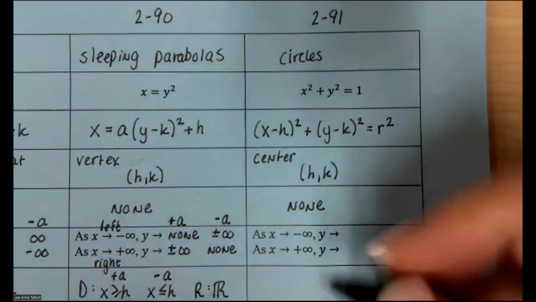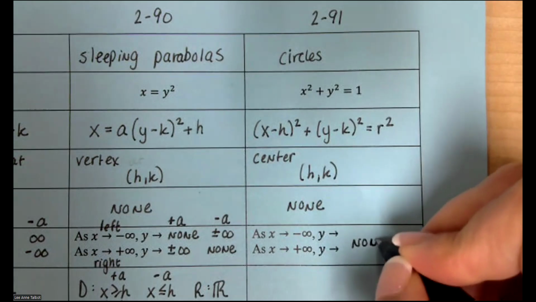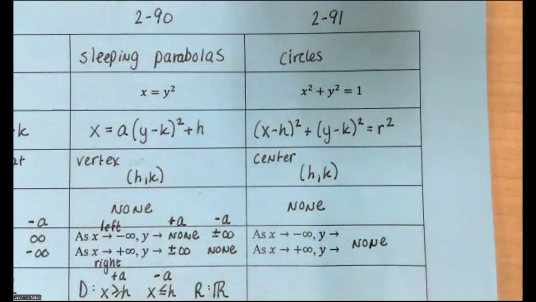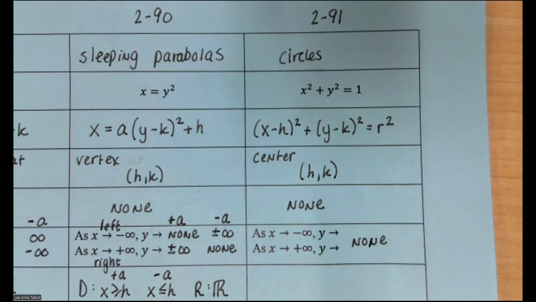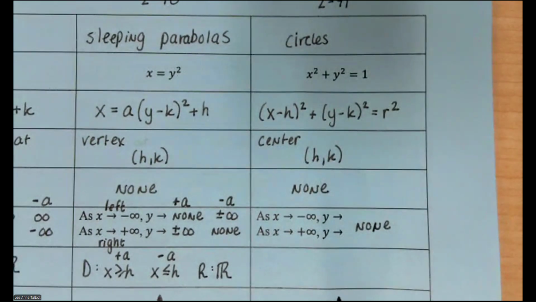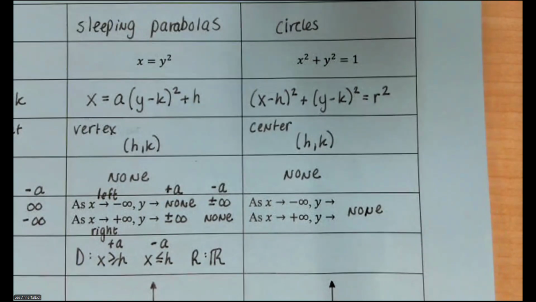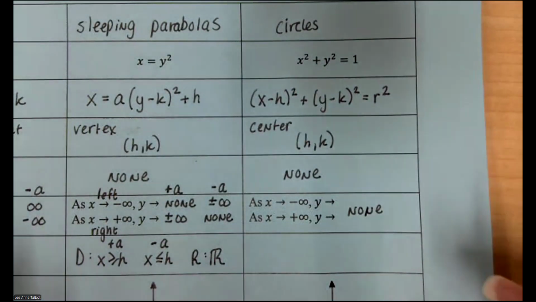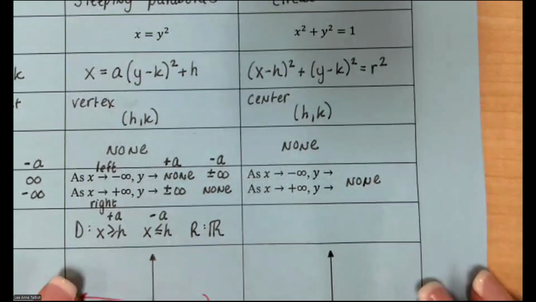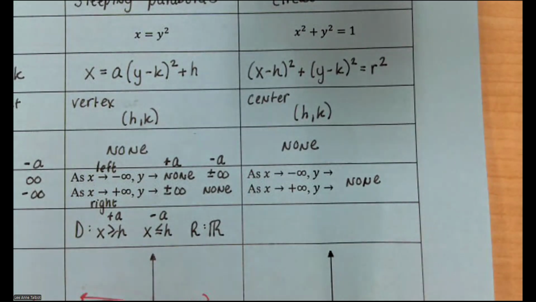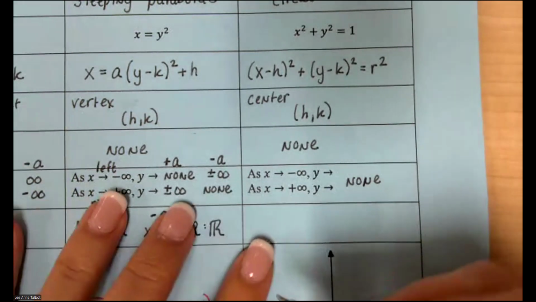Okay, here's a fun fact. Circles don't have end behavior because they don't have ends, which is awesome because then we don't have to fill that box in. Okay, and now I'm going to give you a formula for domain and range that I'm never ever going to use because I'm just going to look at the picture. But I'm going to give you a formula.